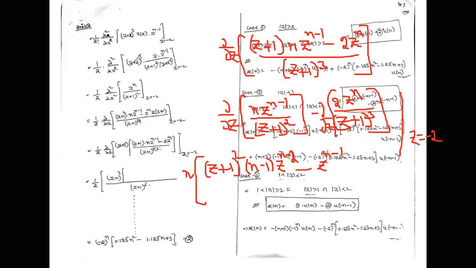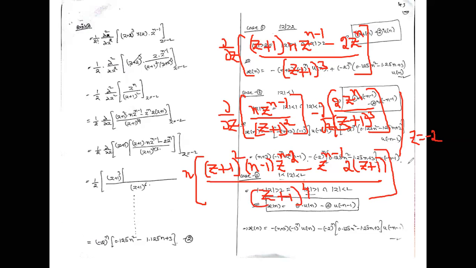Now apply the derivative for this one, 2(z+1). 2 minus 1, again you will get 1 only, divided by (z+1)^4.